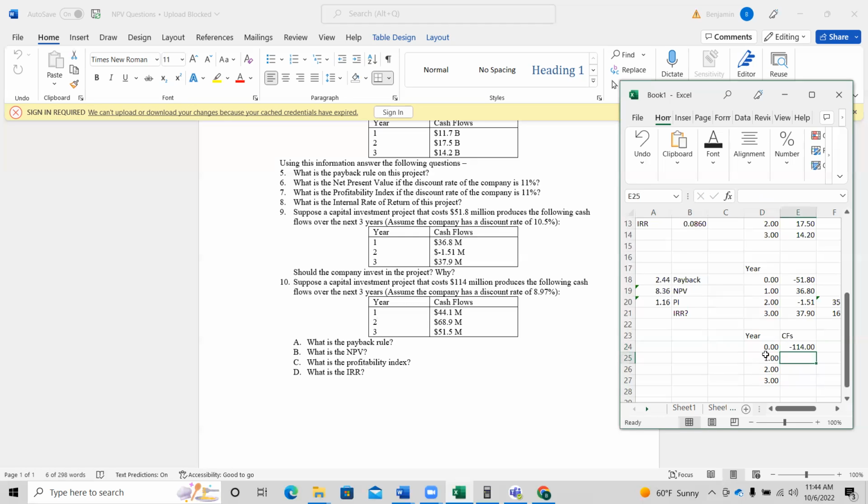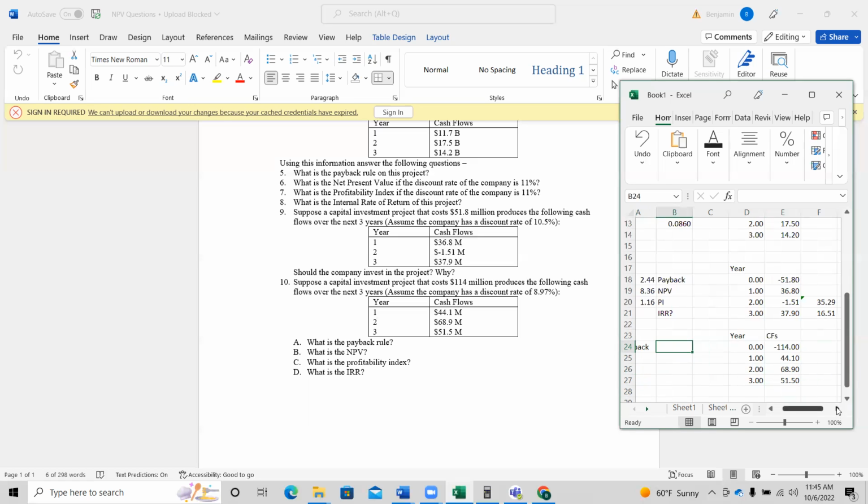It's negative in year 0. 44.1, 68.9, and 51.5. Okay, the objective is to calculate the payback, the net present value, the IRR, the profitability index.